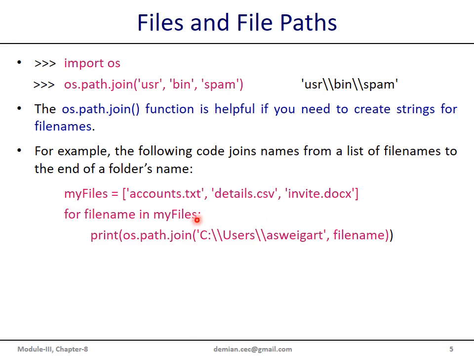The first string value is the folder name wherein all these files are present, and the second string is the file name, and this function will generate the file path of all these files: the txt file, csv, as well as the Word file.